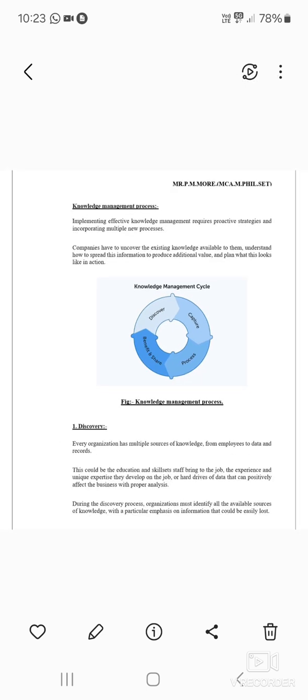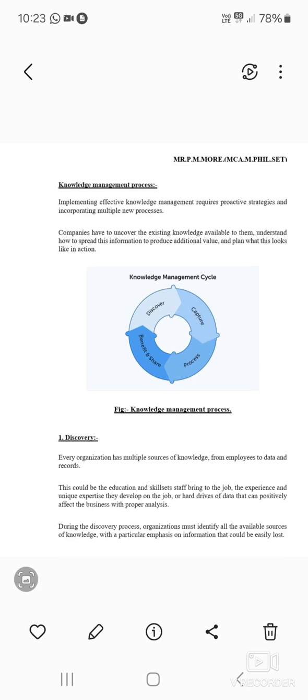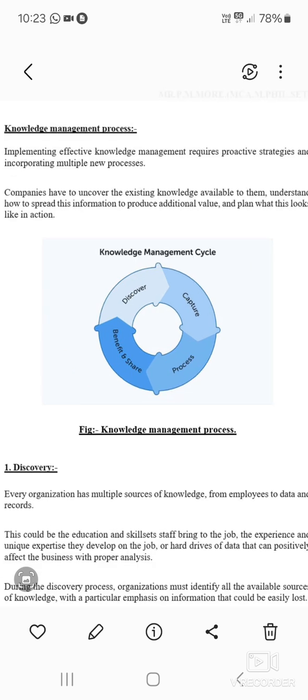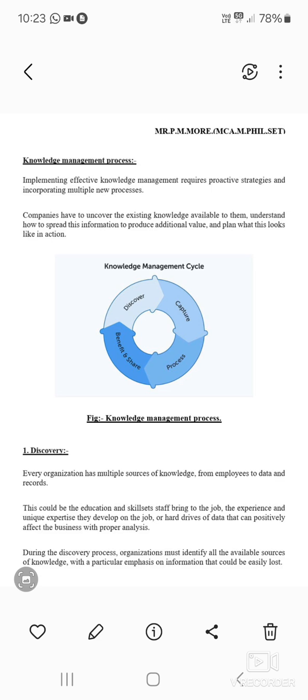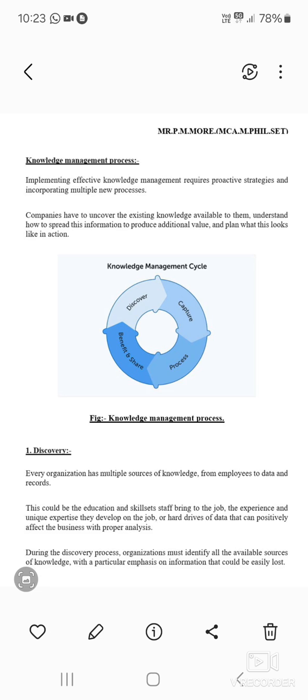So the first process is discovery. Every organization has multiple sources of knowledge, from employees to data and records. This could be the education and skill sets staff bring to the job, the experience and unique expertise they develop on the job, or hard drives of data that can positively affect the business with analysis.